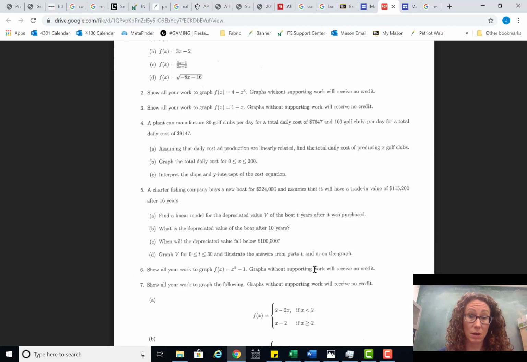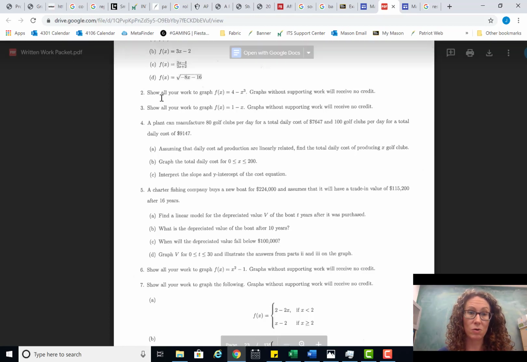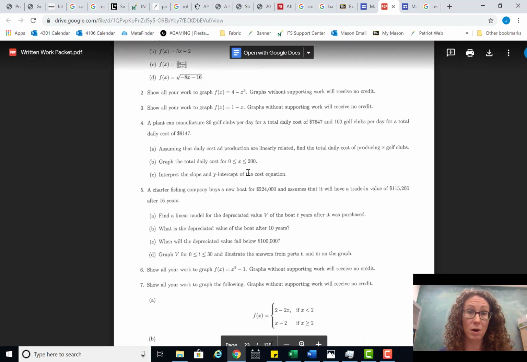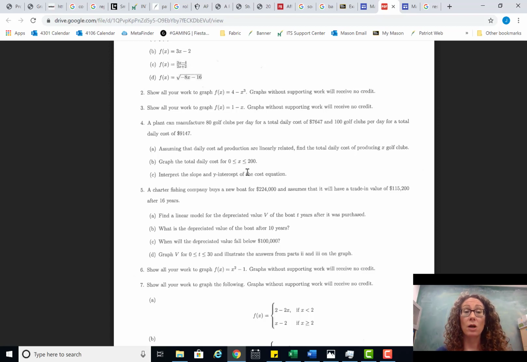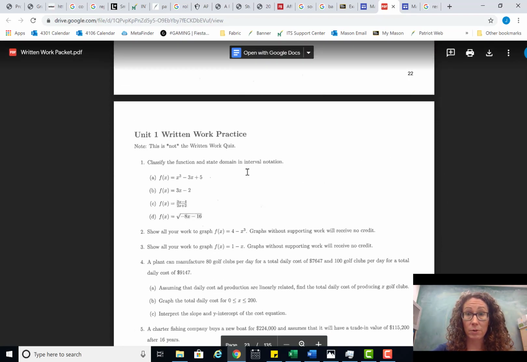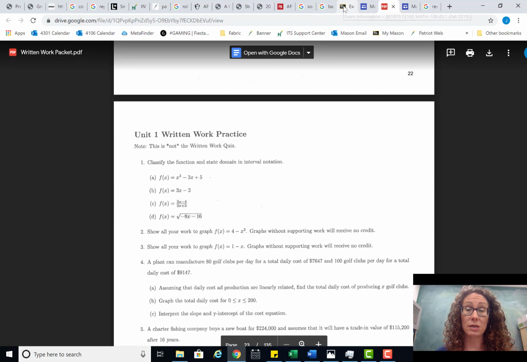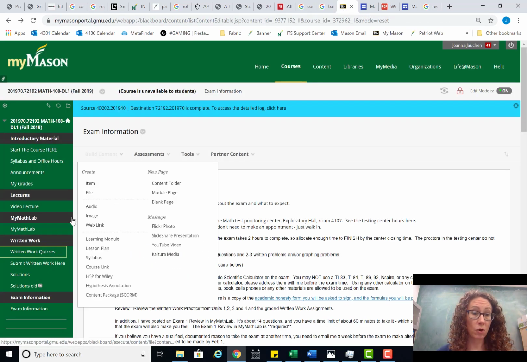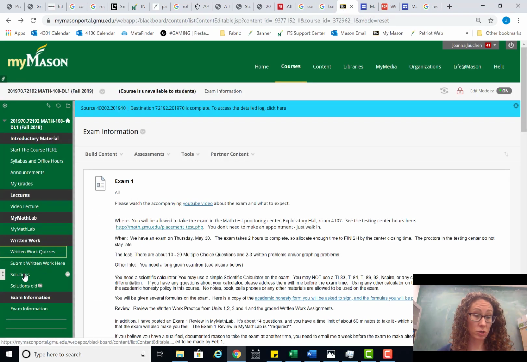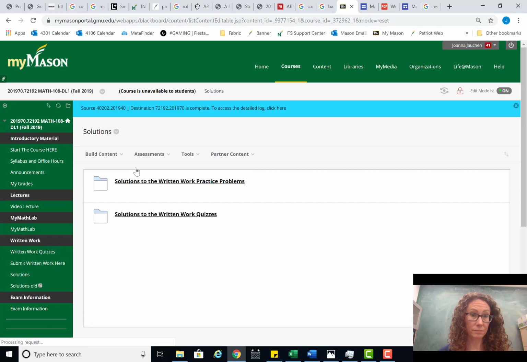And here's some others, like this problem 5 is like the first problem on the quiz, slightly different, or this problem 4 is like the first problem on the quiz. All of these practice problems have solutions already posted. So if you're getting stuck on a quiz, there's a lot of help for you. I want to make sure those solutions are right here.